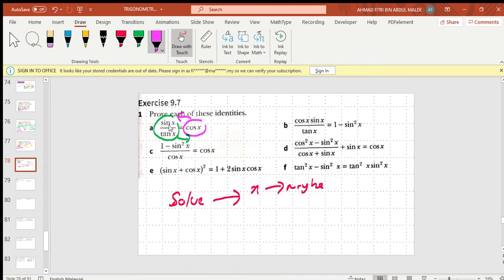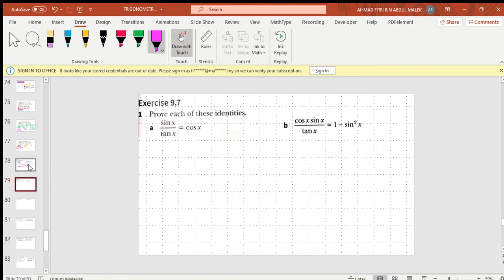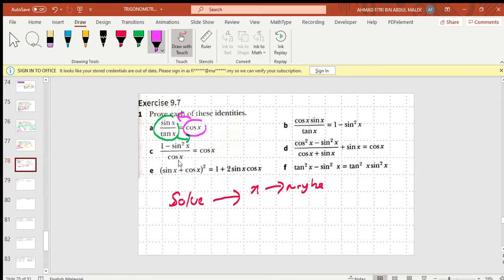Either you remain the right part and use it to get the left part, or the other way. While solving, we may use any of the trigonometry definitions and basic identities that we have learned.